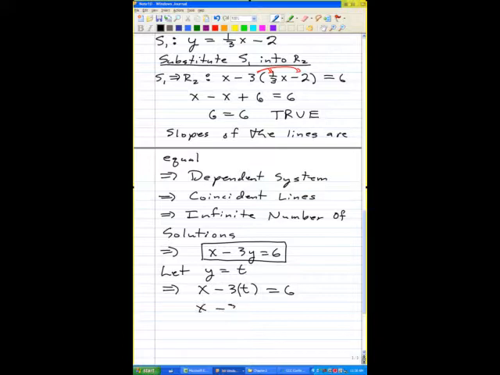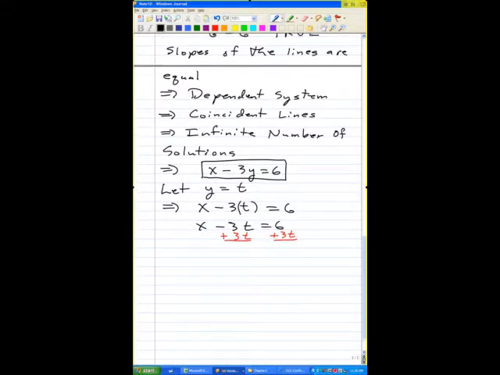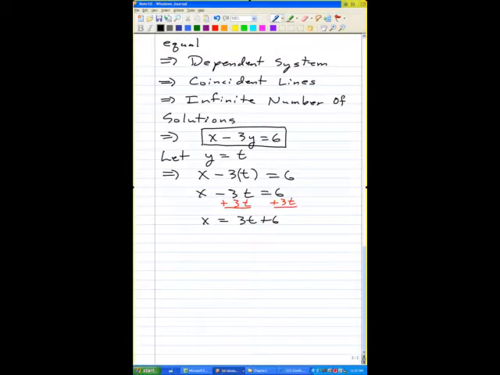So x minus 3y is 6. Add 3t to both sides of my equation. And so I have that x is equal to 3t plus 6.